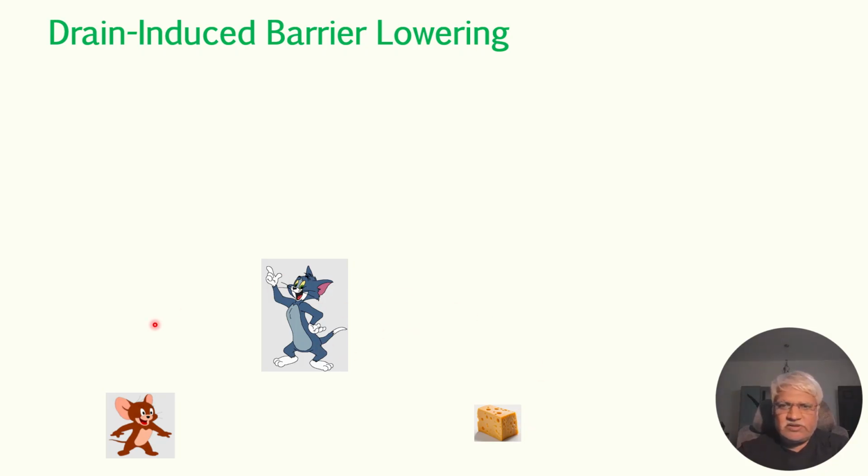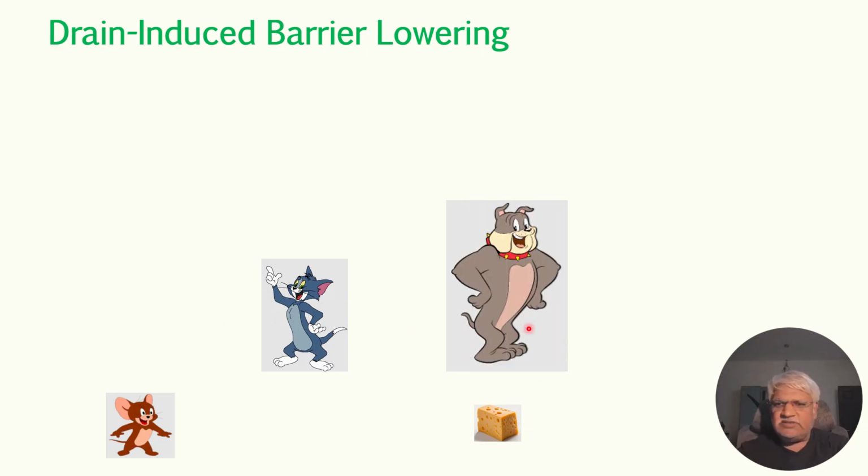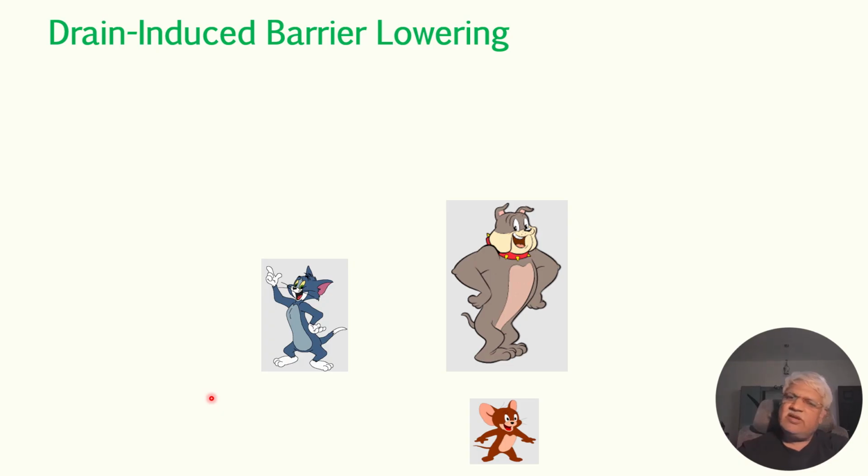However, now you see that in the short channel, this is what is happening. Because of this dog's presence, now Tom will be able to reach the cheese. That means the big drain will have an influence at the source, and hence the threshold voltage is reducing, so the current is passing through because the barrier is getting lowered even though the gate is turned off.